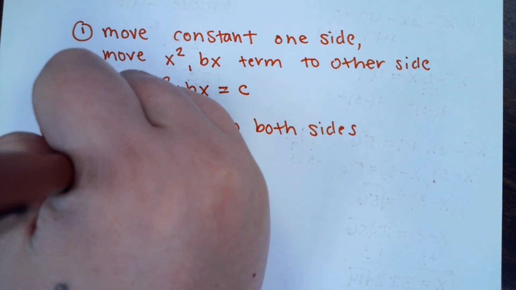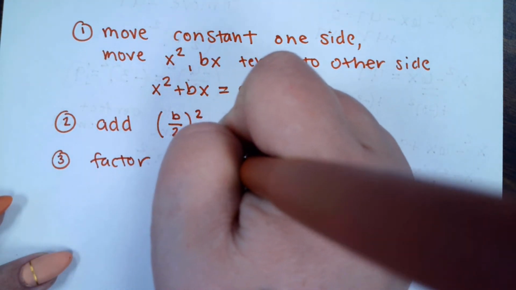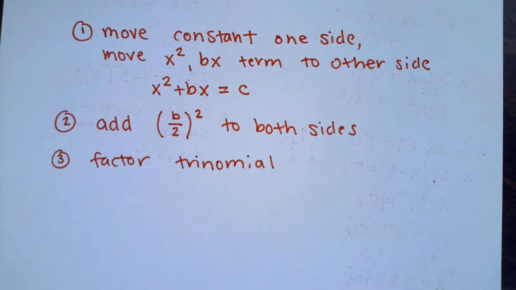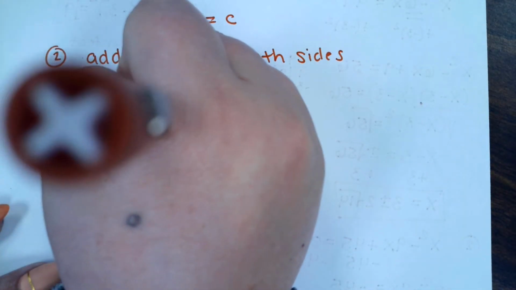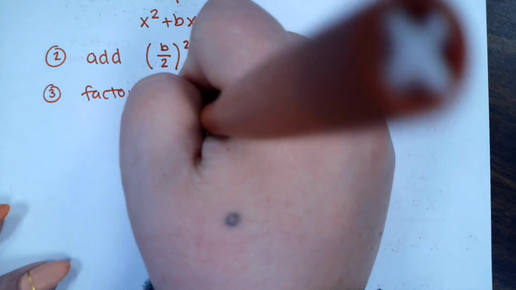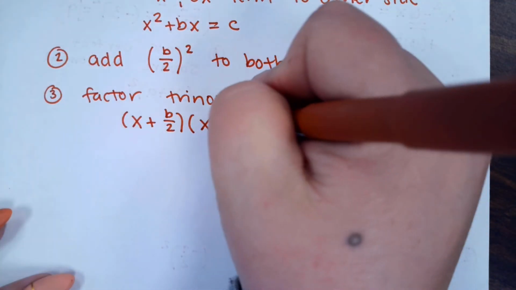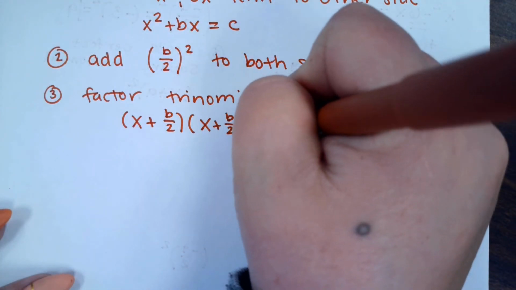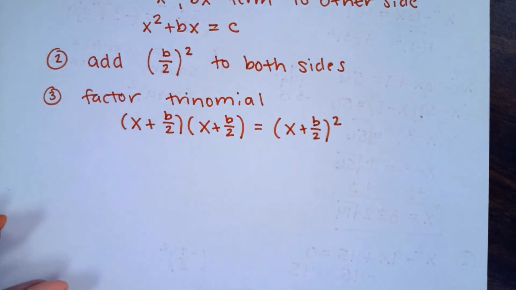Then you're going to factor your trinomial because you've created a perfect square trinomial. When you factor it, it's going to be x plus b over 2 and x plus b over 2, which you will always be able to rewrite as x plus b over 2 squared.